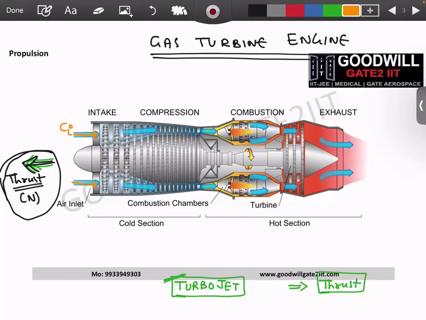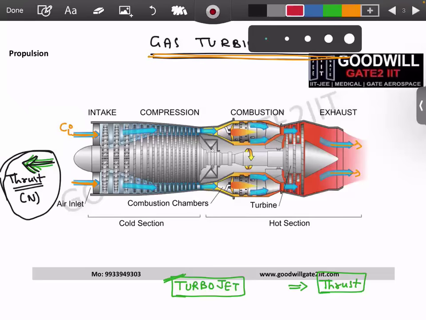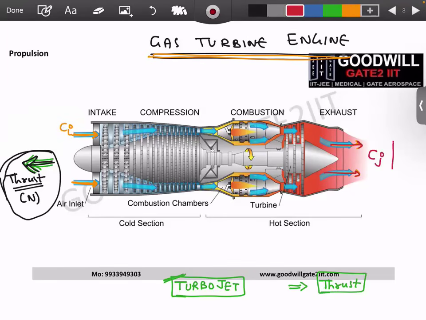Now, the gas turbine engine family works on the basis of change in momentum. Now, what do you mean by this? The air which is entering at low velocity should exit the engine at very high velocity.